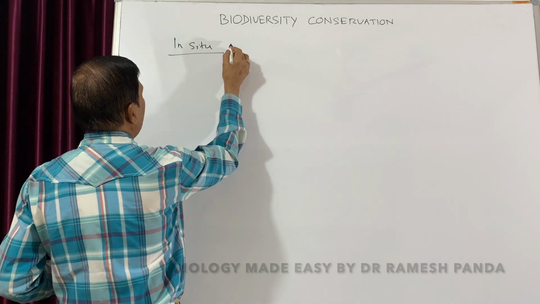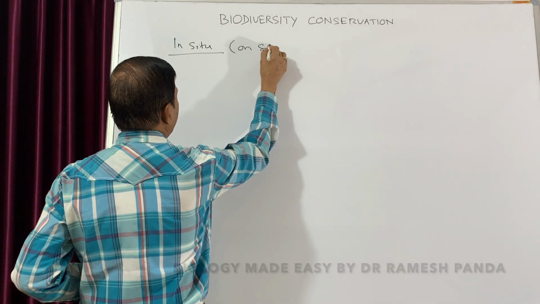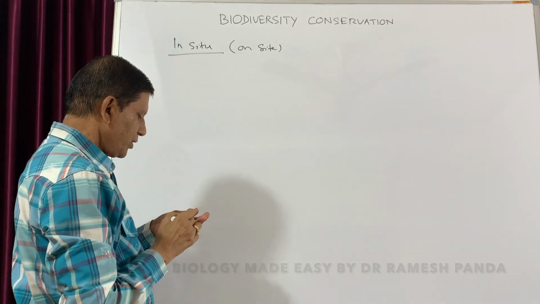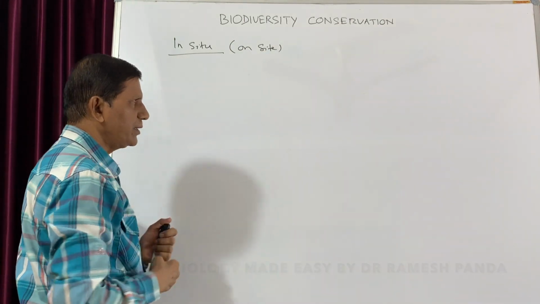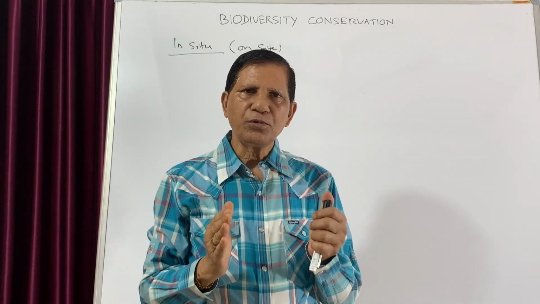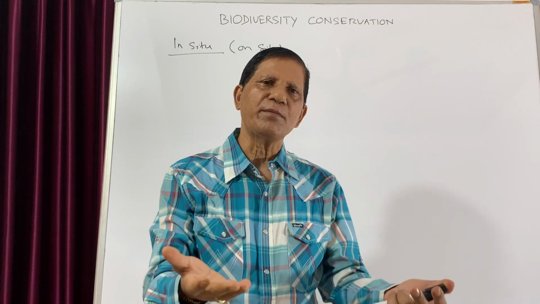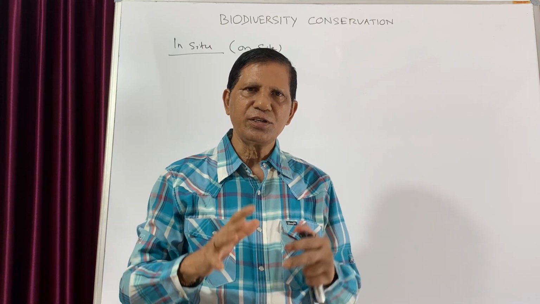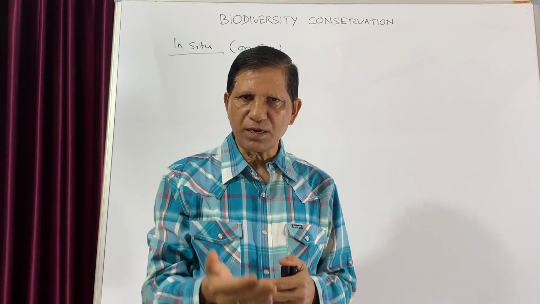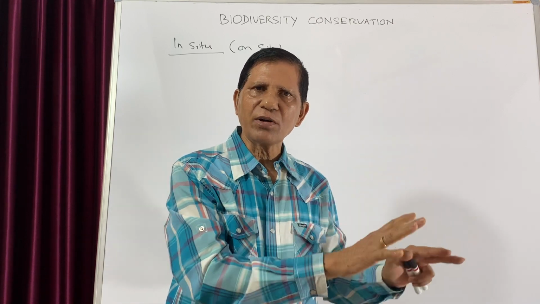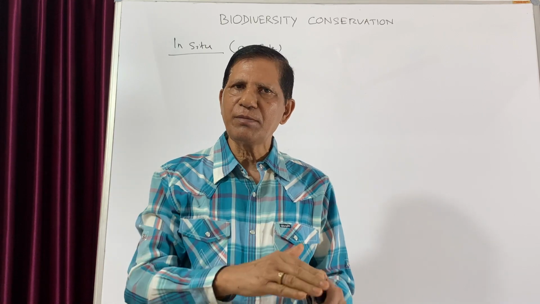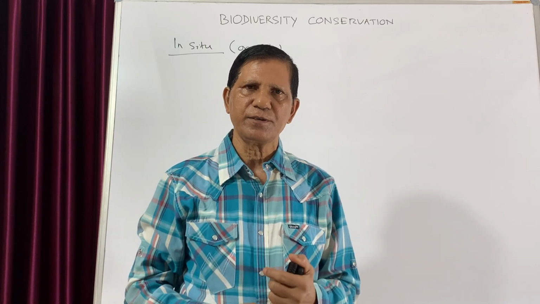And in situ means on site. So in situ conservation means we have to conserve the biodiversity in its natural habitat. That means the different organisms that we want to conserve will be there in their natural habitat. We don't have to take them, we don't have to shift them to some other place.